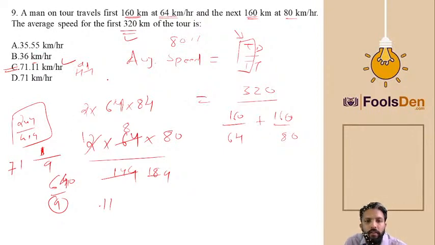Do remember, whenever there are two equal distance, to apply this formula. Okay, 2xy upon x and y are the, and the derivation of this formula is from this method.